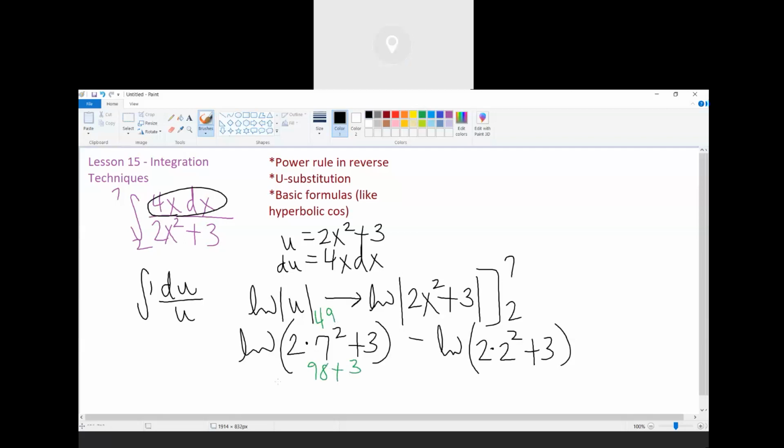So that gives us natural log of 101. And when you do the order of operations in the second substitution, you should get natural log of 11.